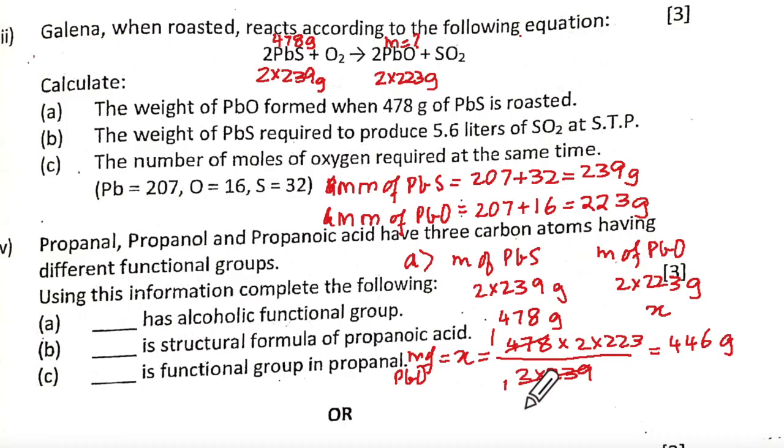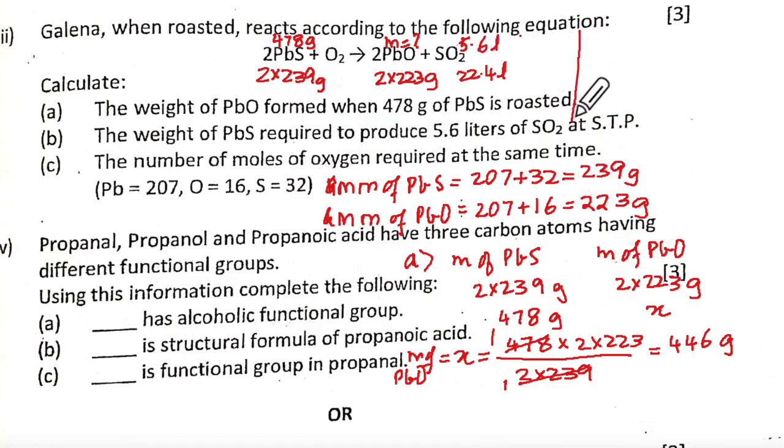Yes? Now for B reaction, I'll have to write this again because they are changing the weight of PbS required. No, this is SO2. I am having how much? SO2. This is 1 mole means 22.4 liters, no? Volume. And they are saying if it is 5.6 liters, correct?